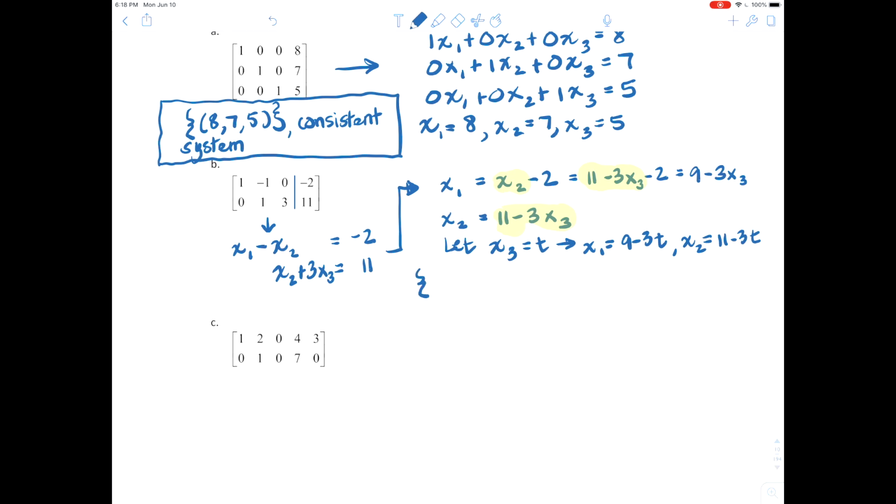And our solution for this system will be 9 minus 3t, 11 minus 3t, and t, such that t is an element of the real numbers. Groovy? All right, so here we go.